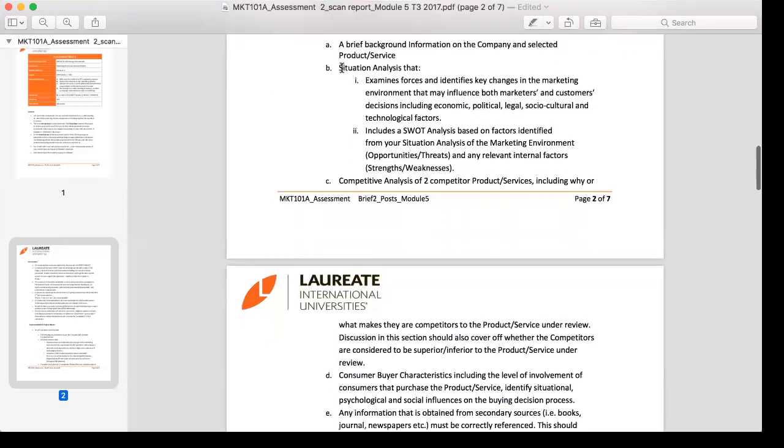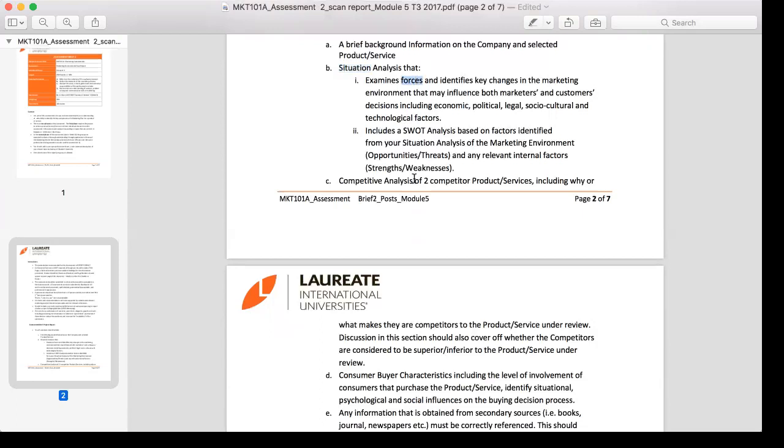The next one is the situation analysis. Situation analysis requires us to look at macro and micro environmental analysis. We need to look at forces such as the economic, political, legal, social, cultural, and technological factors.